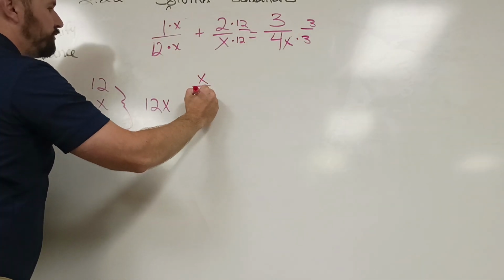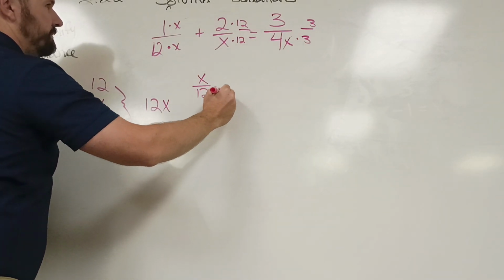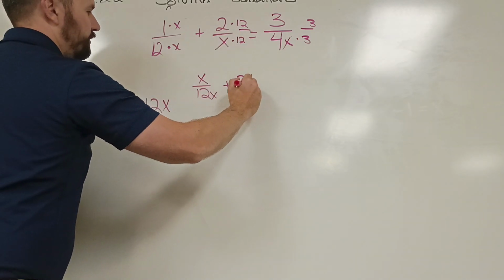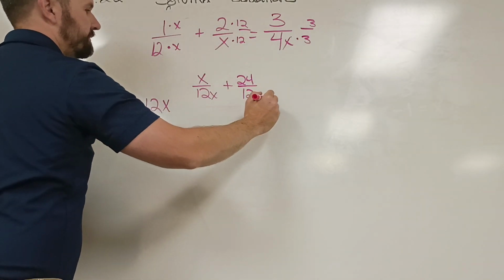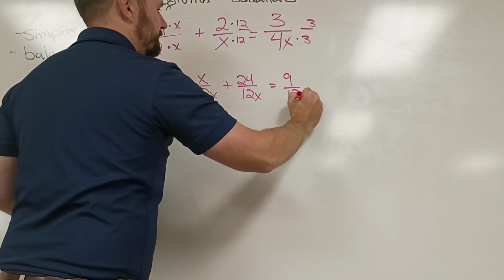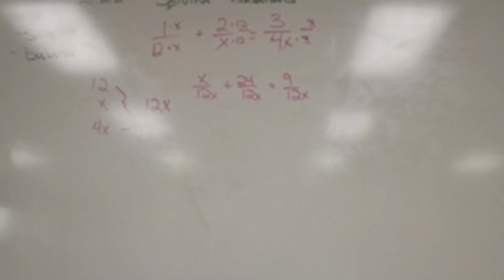This becomes x over 12x plus 24 over 12x equals 9 over 12x. Okay. Oh, it actually worked out way better than I thought it would.